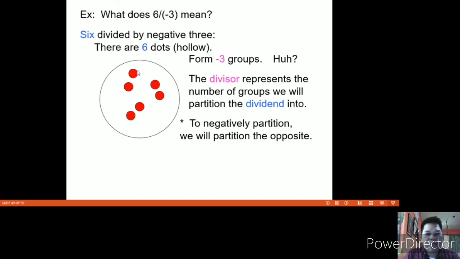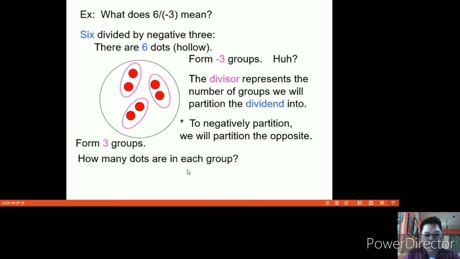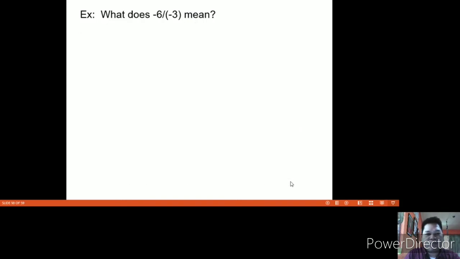So we will change the hollow into solid because of the negative 3. Then we form three groups. How many dots are in each group? The answer is 2. What kind of dots? Solid. That is negative. Therefore, 6 divided by negative 3 is equal to negative 2.